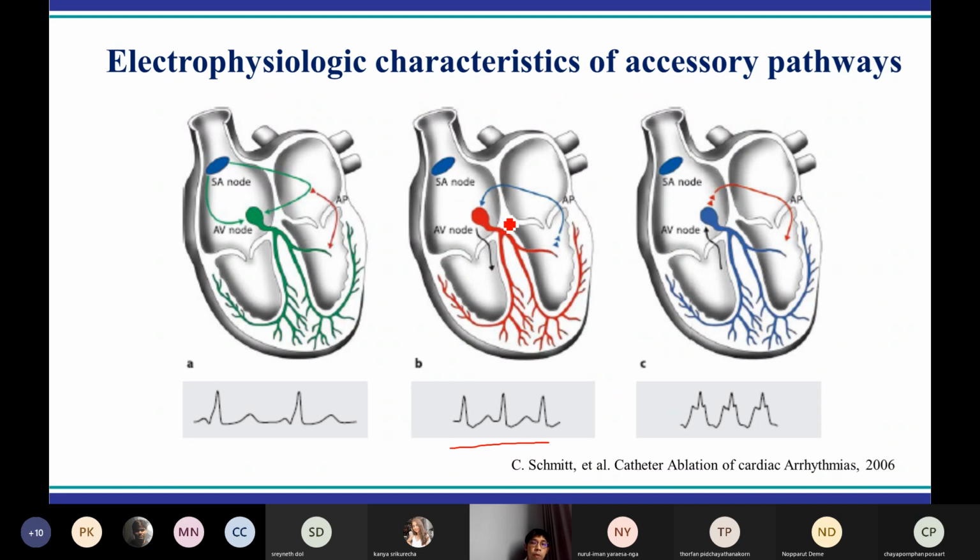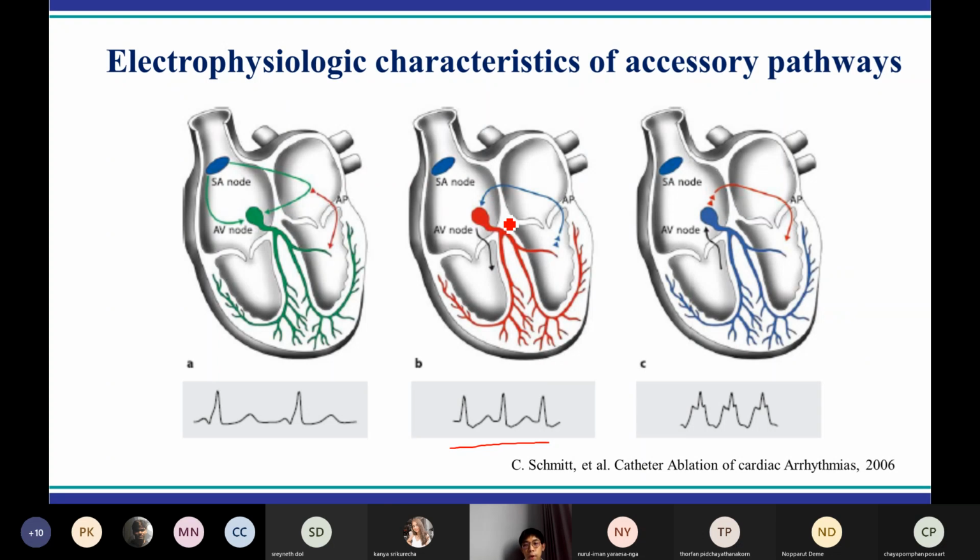If you can remember from the last session, we talked about the re-entry circuit. I want you to imagine that this accessory pathway is similar to the re-entry circuit in the AV node, but it is a large re-entry circuit which involves both atrium and ventricle. The AV node and normal conduction is a slow pathway.